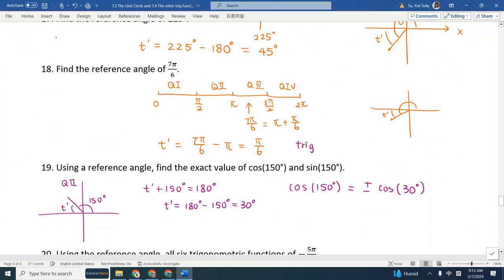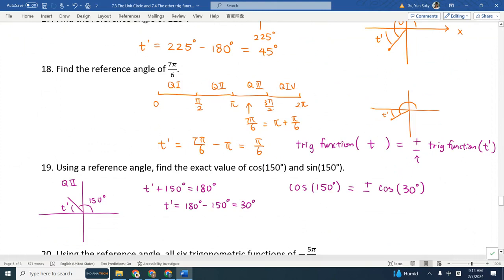So if you have a trig function of the angle T, it is either plus or minus a trig function of the reference angle. And then this plus or minus depends on the trig function and the quadrant. Exactly.